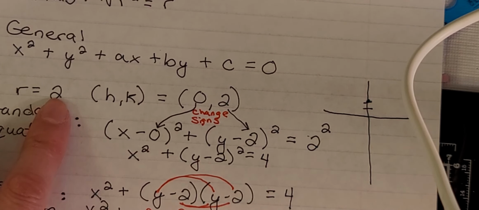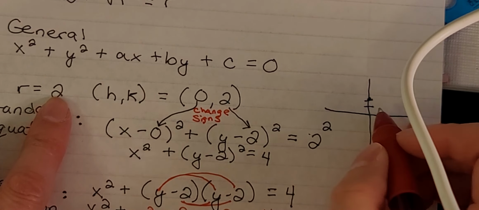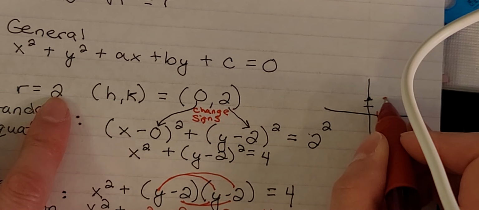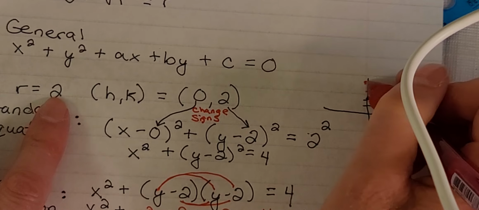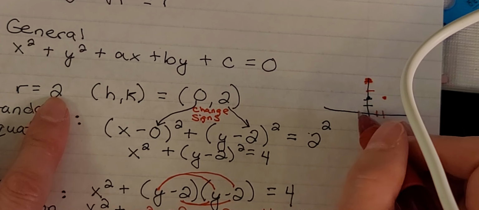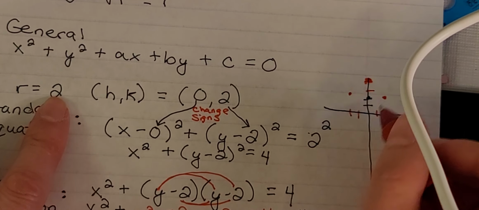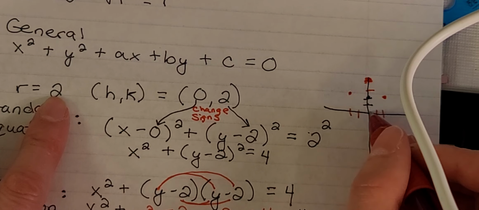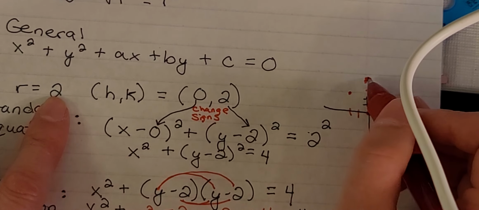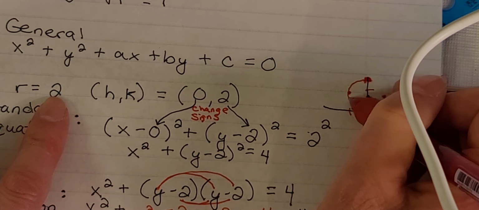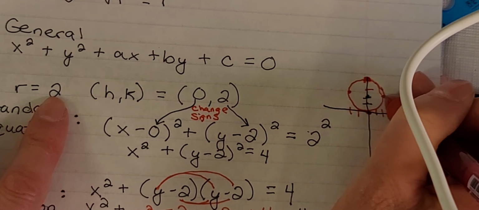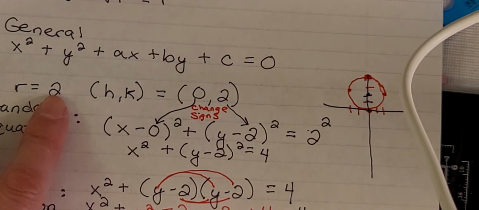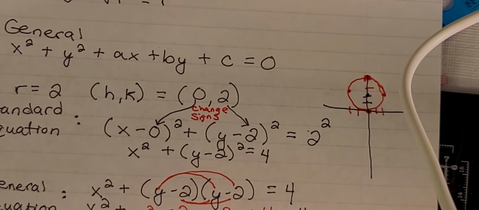So I just count 2 on all 4 of the sides. 1, 2, then put your dot. 1, 2, put your dot. 1, 2, put the dot, and then 1, 2, put the dot, and then just connect it and make a circle. As best of a circle as you can make it. Okay, so that's number 13.